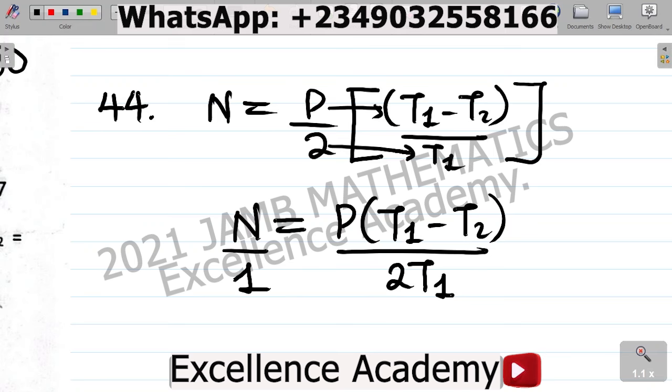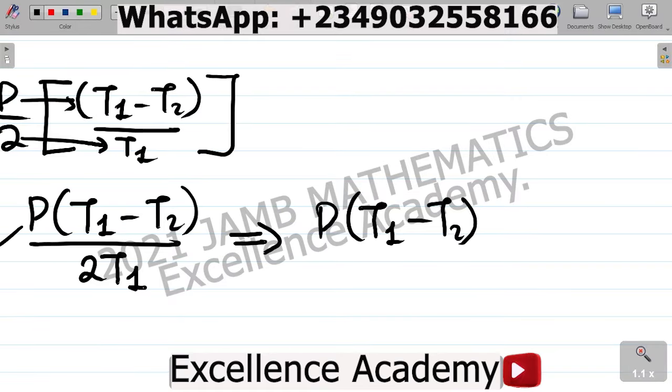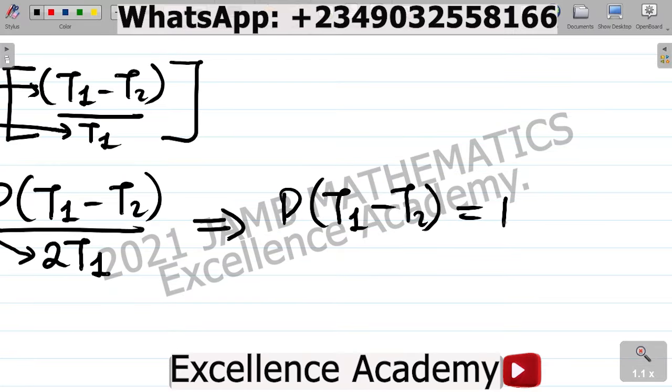This is over 1, and that's equal to p times this gives you p into t1 minus t2 is equal to, next up you have n multiplying this. So n times 2t1.